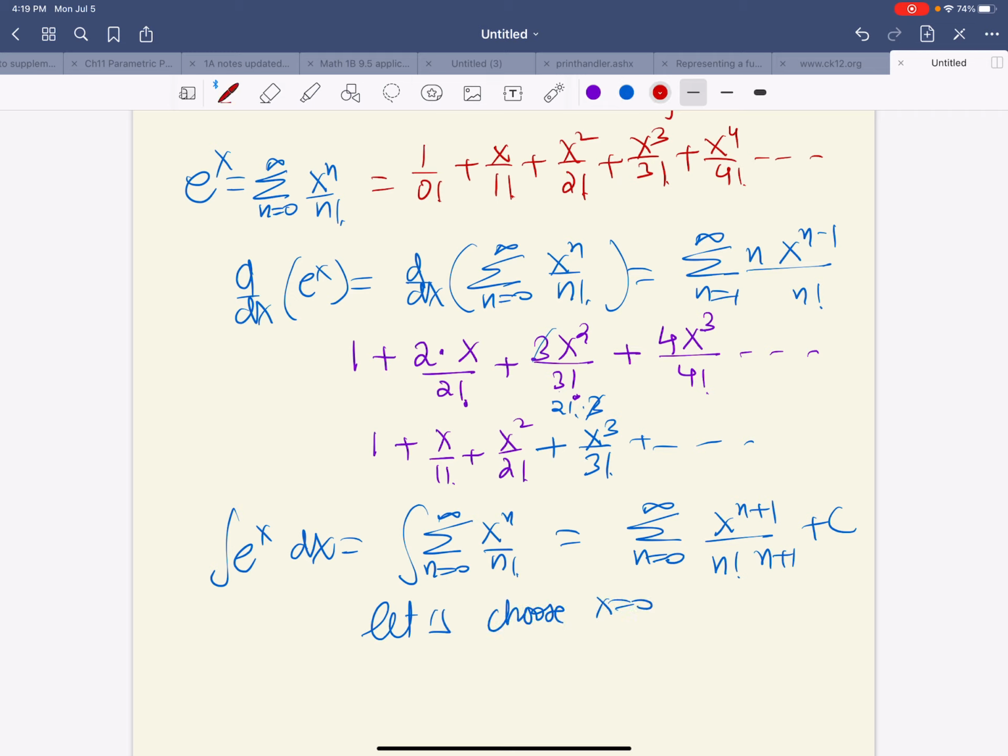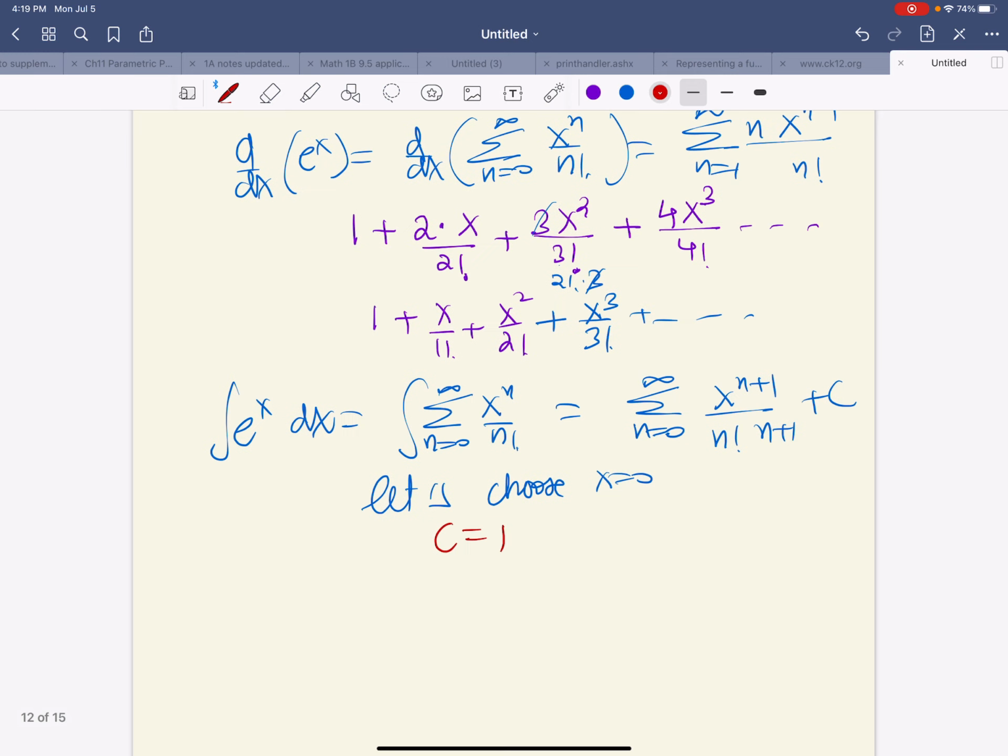If I choose x to be 0, e to the power 0 is 1. So I would have c equals 1 here. So now when I choose c as 1, I would have 1 plus, let's choose n to be 0, x to the power 1 over 0 factorial times 1 is x over 1 factorial, plus x squared over 2 factorial plus x to the third over 3 factorial, and so on.